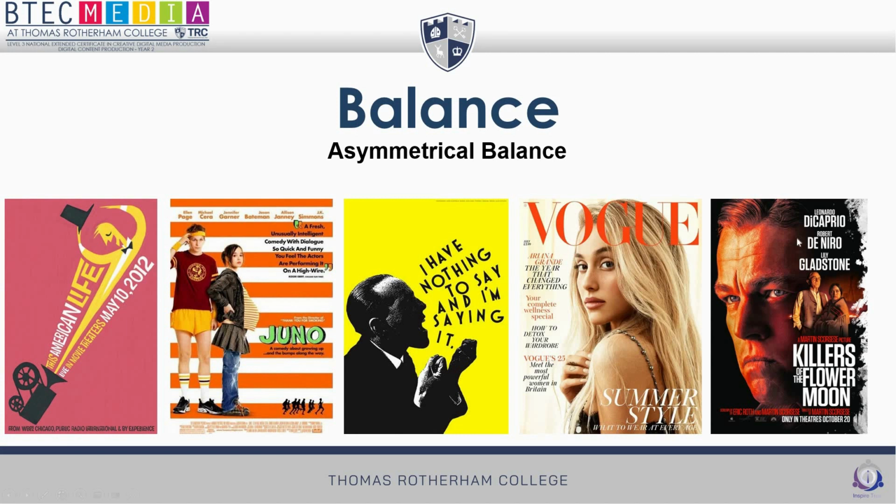So, for example, on the left-hand side of the page, you've got this big picture of Leonardo DiCaprio's face. However, on the other side, you've got all this text here. You've got the cast, you've got these 2 secondary images here, you've got the title as well. Now, these take up pretty much the same amount of space, but they are just filled with a different element that looks very different. So the weighting is the same, therefore it is still balanced, but because it doesn't look like the opposite side, it's asymmetrical.